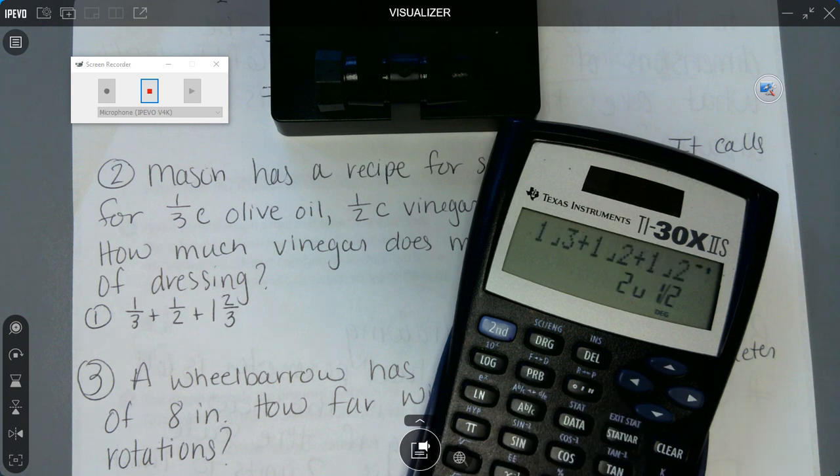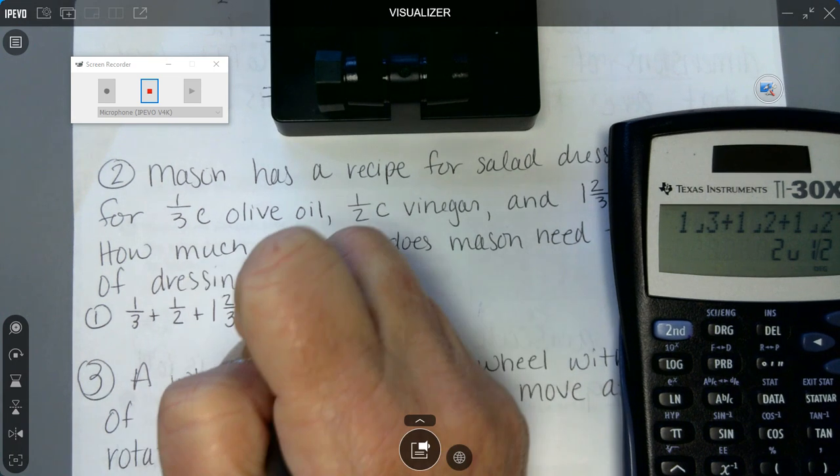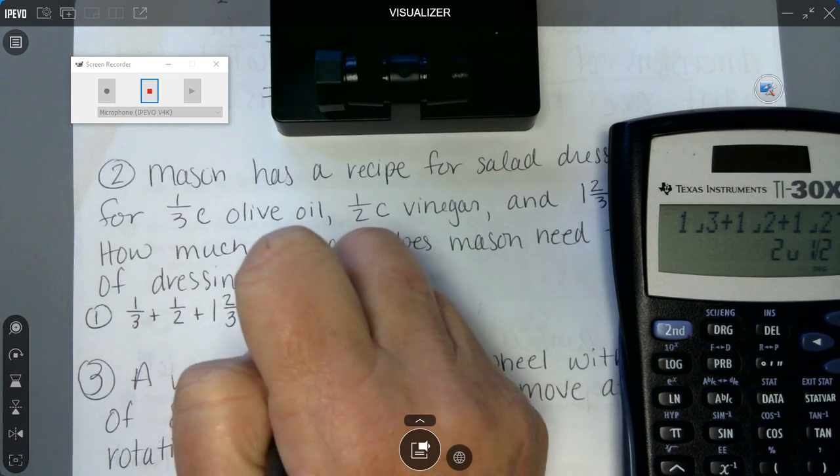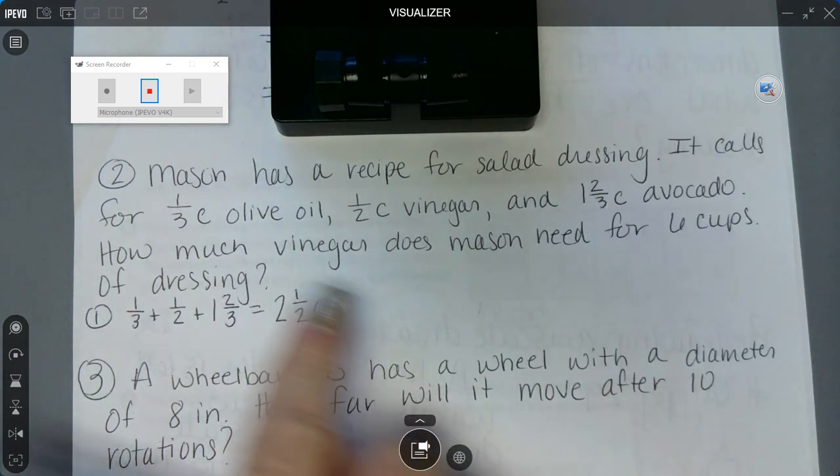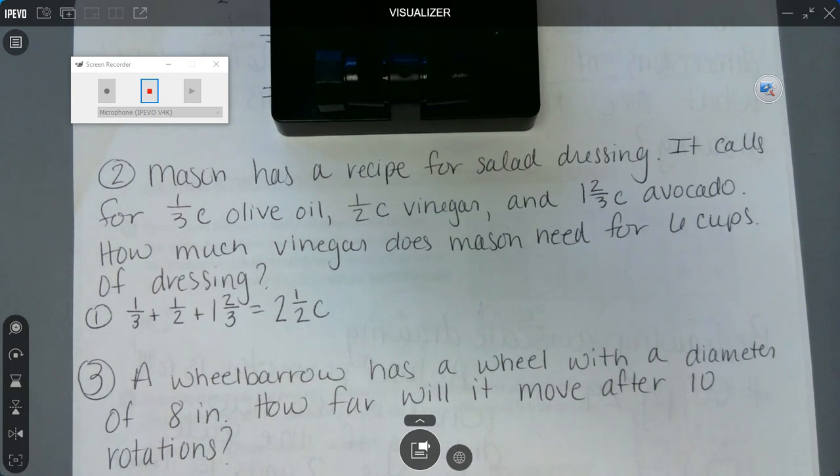So this comes out to be a total of 2.5 cups. So that recipe alone makes 2.5 cups of salad dressing. Okay? Are you with me so far on what I've done?